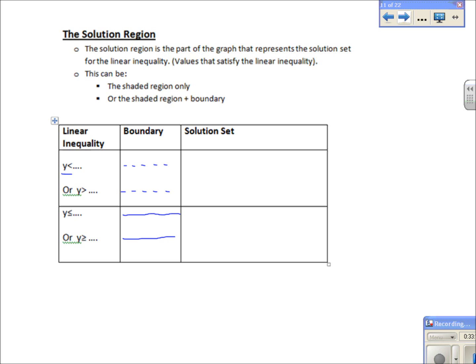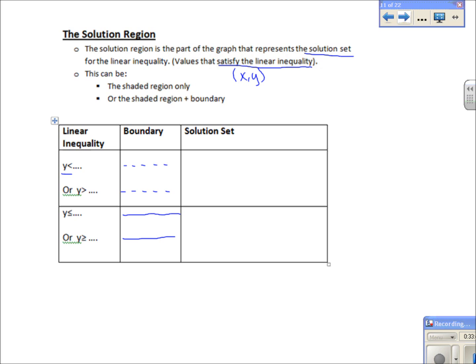So the solution set, let's go up here for a minute. The solution region is the part of the graph that represents the solution set for the linear inequality. So those are values for x and y that satisfy the linear inequality. Those are points that if I substituted those values for x and y into my linear inequality, I would get a valid solution.